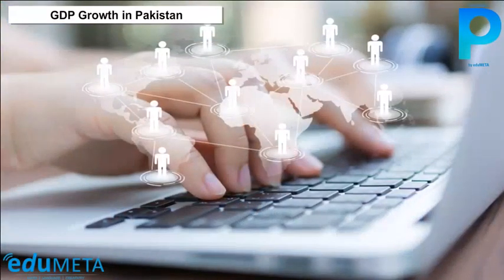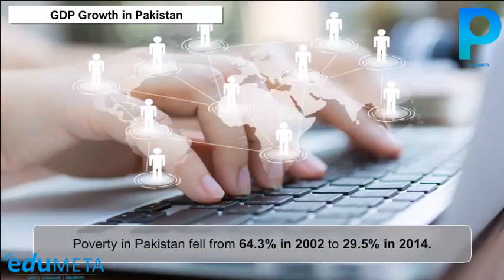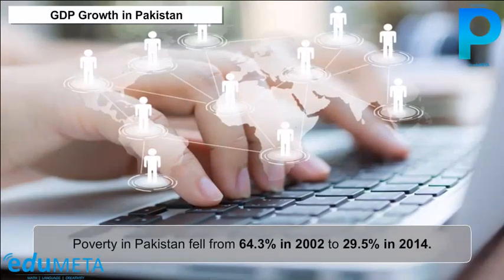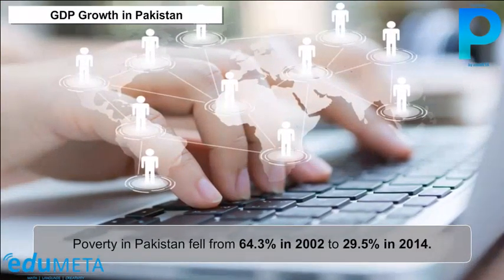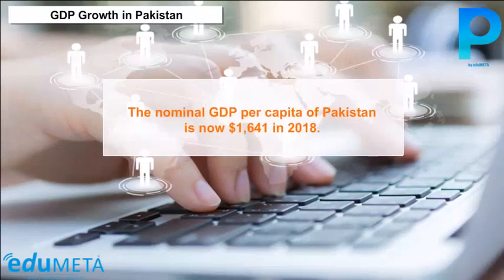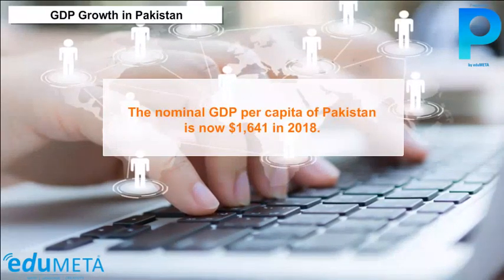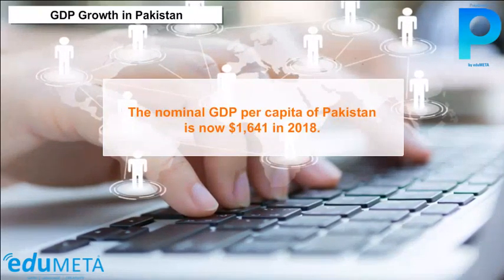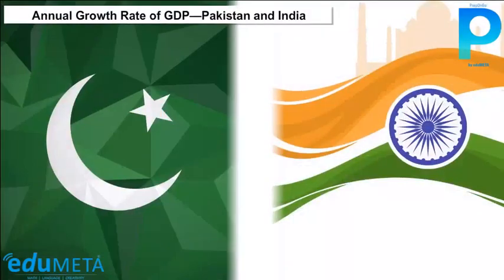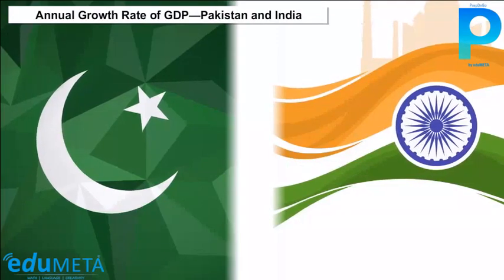Recently, according to World Bank data, poverty in Pakistan fell from 64.3% in 2002 to 29.5% in 2014. The nominal GDP per capita of Pakistan is now $1,641 in 2018.